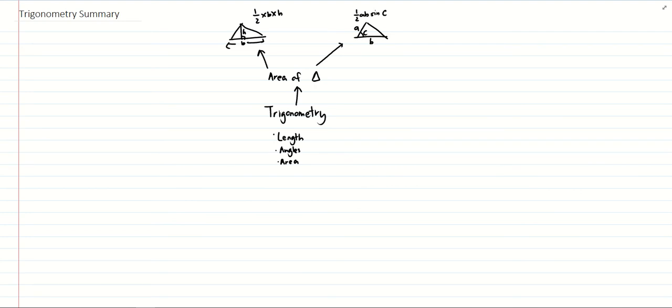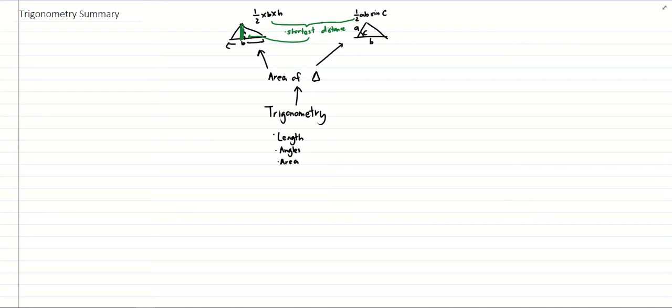Now, more often than not, you will probably have to combine these two together, especially when the question asks you to find the shortest distance. Later on, you will see in chapter 8 this word coming out a lot more often, because the shortest distance is basically your perpendicular distance from the point to the base, which is your height itself.